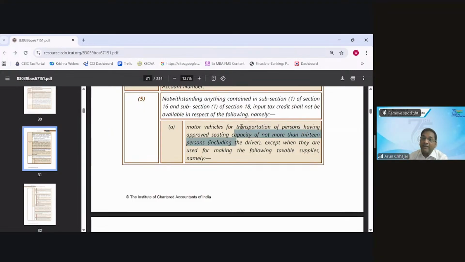Because they have given explicitly clause A to the transportation of person. Clause A's blocking is only restricted to the transportation of person vehicle. Therefore, there is no requirement to mention the transportation of goods.